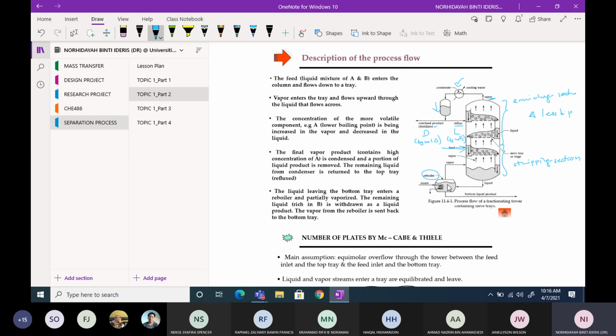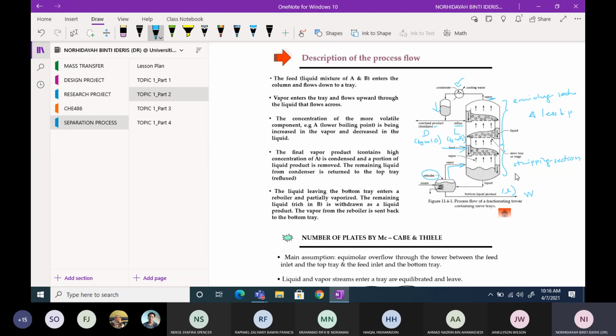If any component A, with a lower boiling point, slipped into it, it will be vaporized again and go back to the column. So inside the reboiler, only the component with the high boiling point remains. Then this product comes out as a liquid and is known as the bottom liquid product, usually labelled as W.